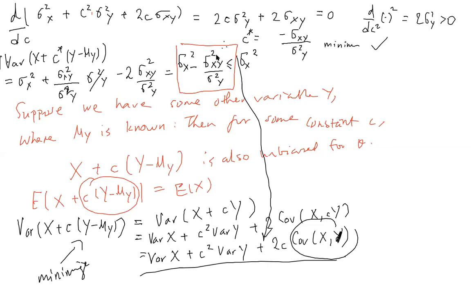The stronger the correlation, the better the reduction, because the strongest one is 1. So at best, you can achieve a reduction of minus 1 over the variance of y.